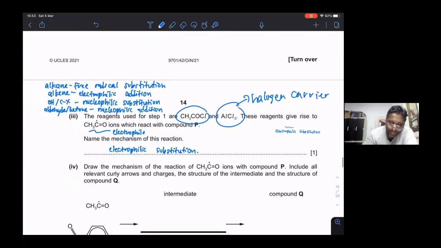And now we learn about benzene, which is electrophilic substitution. So we have all this, please remember all this.